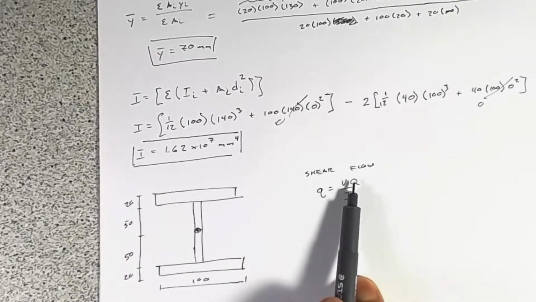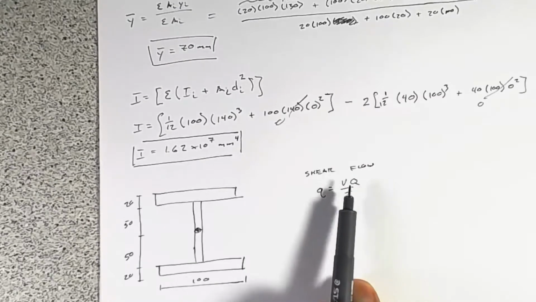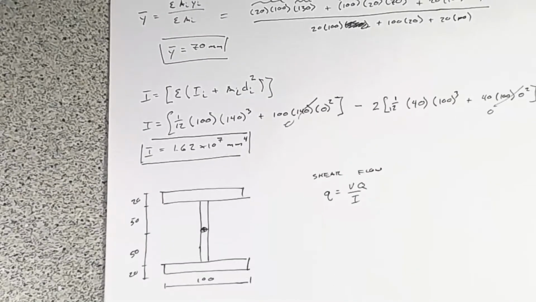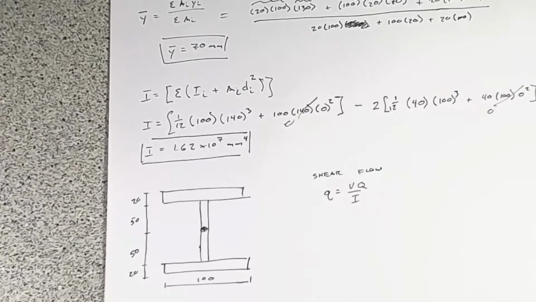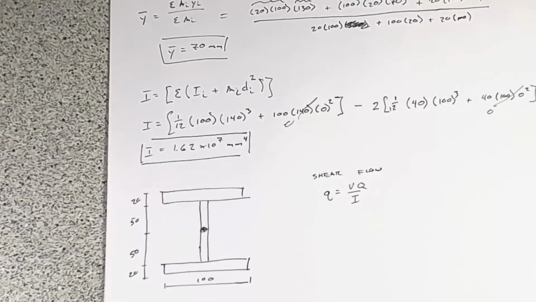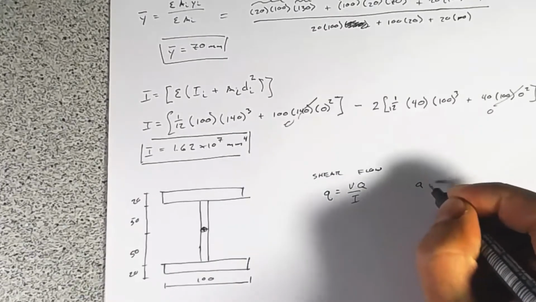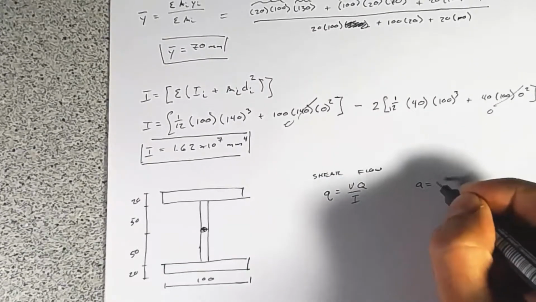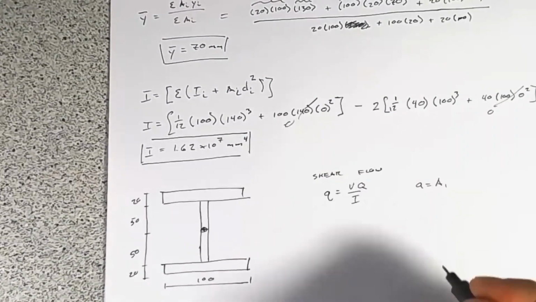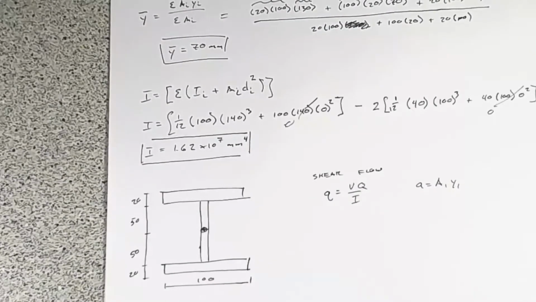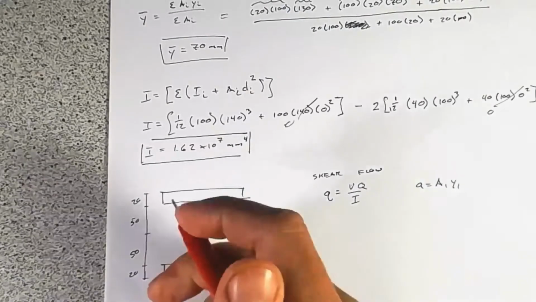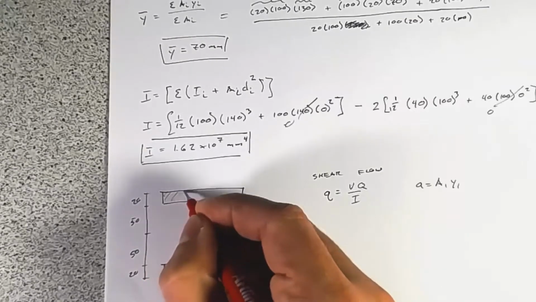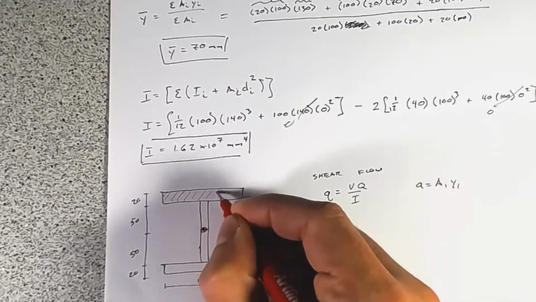We just found I. We need to find Q. And we find the Q just the exact same way as we found it for when we're looking at shear stress profiles. Q is just A1 times Y1. And so this area 1 is the area above the section of interest.